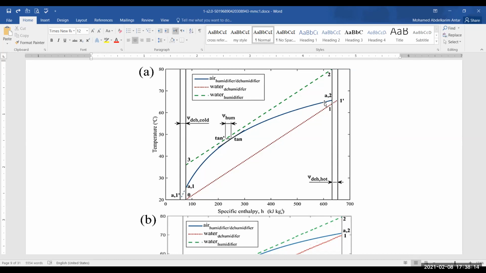The violation here is coming because we were not using an accurate expression for the effectiveness of the humidifier, and accordingly the values that were given were not true, because we know the effectiveness is talking about a certain difference divided by a maximum difference, so it should be a fraction.